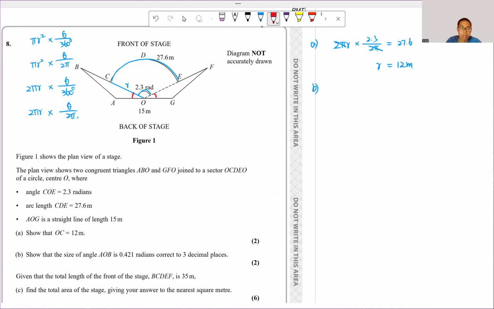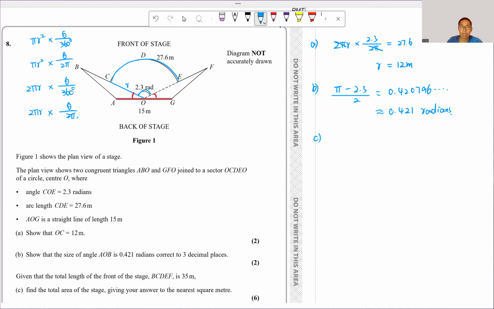And if those two angles are the same, and this is a straight line, you can just use pi minus 2.3 radians, divided by 2. Then we can get the answer. So pi minus 2.3 divided by 2, we have 0.420796, but they want 3 decimal places. So we can write 0.421 radians.